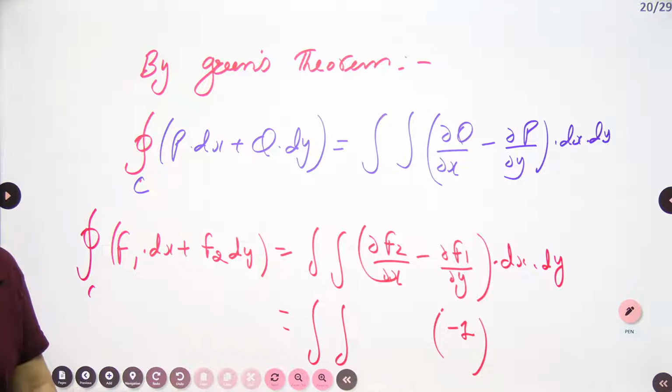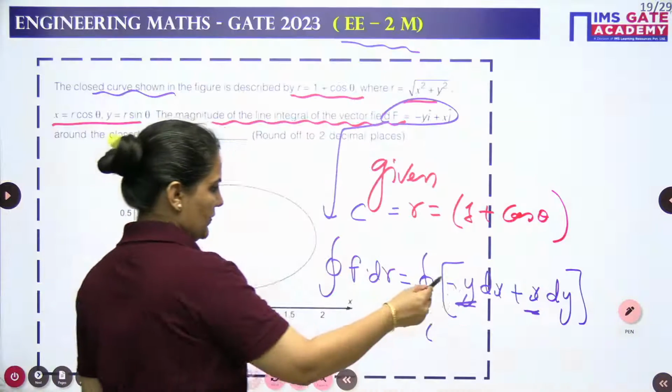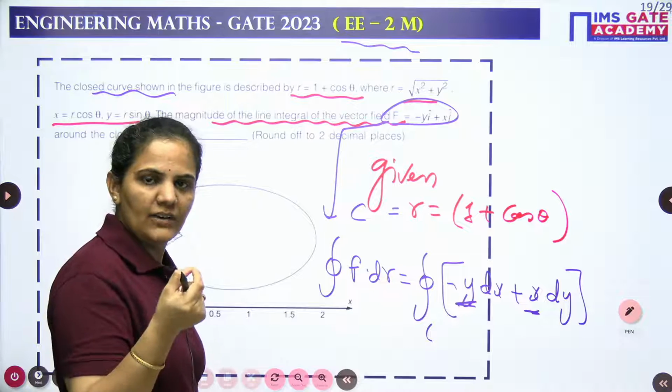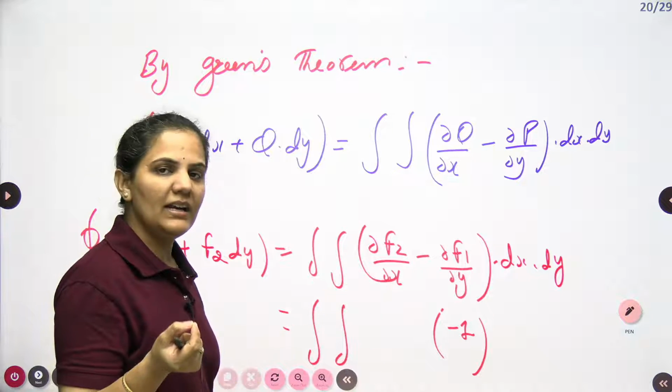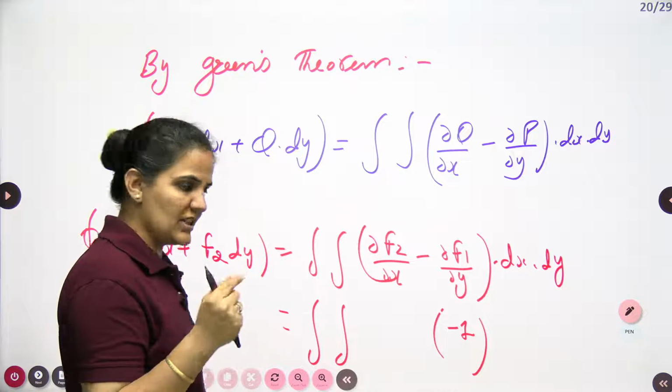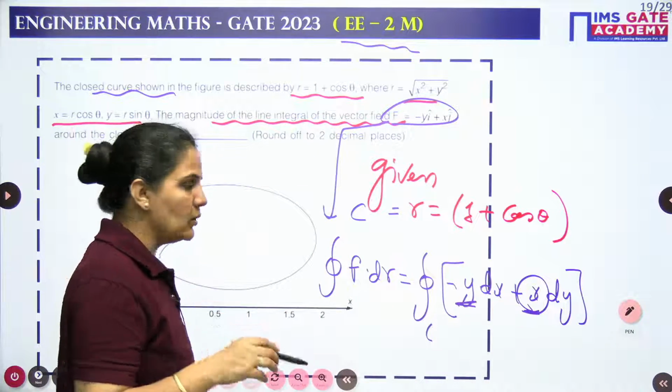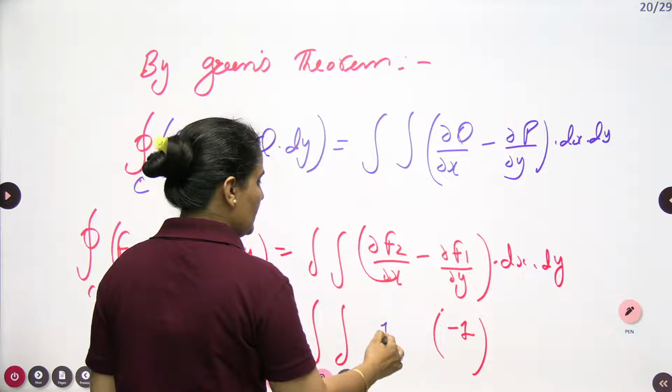So when I differentiate this function with respect to y, I will have del f1 by del y, which is minus 1 only. When I go with del f2 by del x with respect to x, this function is x, so this will be 1.